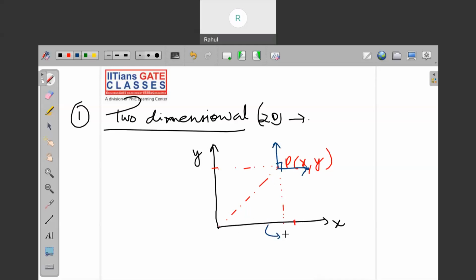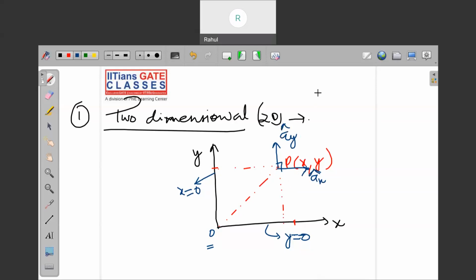In the x axis y equals 0, and in the y axis x is going to be 0, and this is the origin here. So in two dimensions, you can locate any point in the xy plane, and this is a y cap, and this is a x cap.